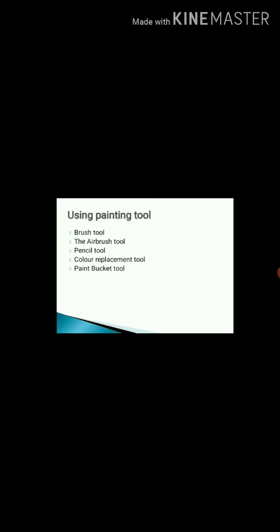Next is airbrush tool. Airbrush tool works just like a spray brush tool or spray tool. Airbrush option allows you to apply gradual tones to an image like a traditional airbrush.